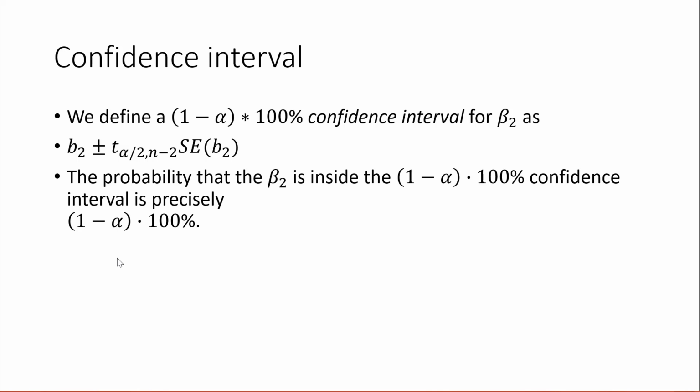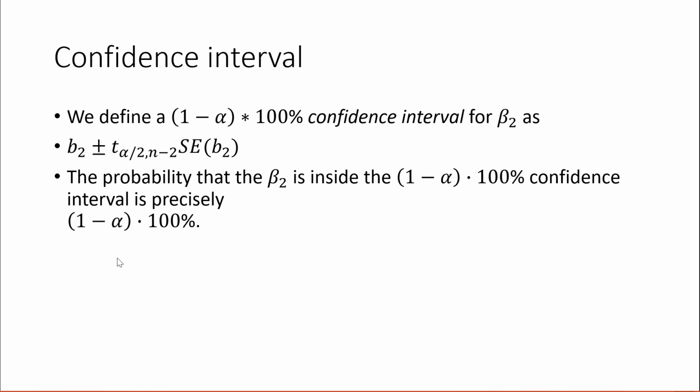So we can actually show this. The probability that beta 2 is inside this 95% confidence interval, or whatever alpha is, is precisely 1 minus alpha times 100%. Just like for hypothesis testing, for this to be exactly true, the error terms must be normally distributed.